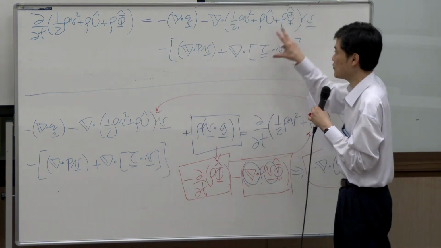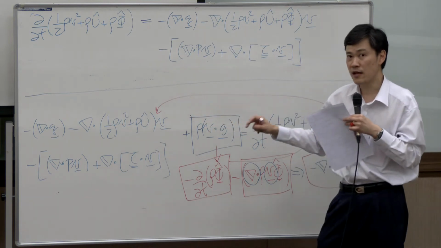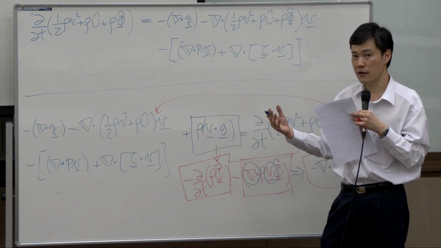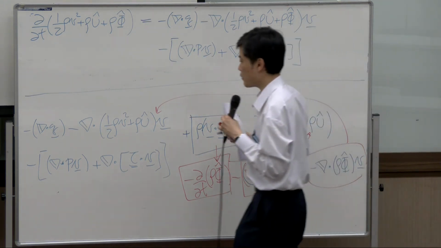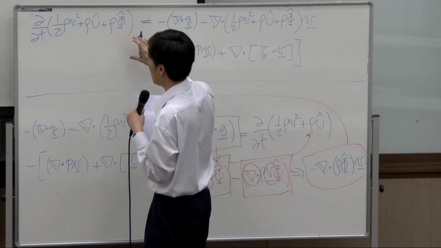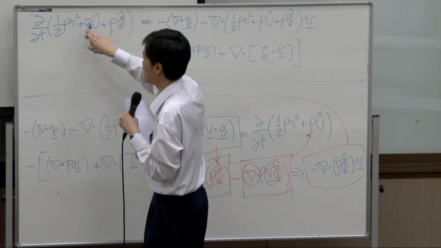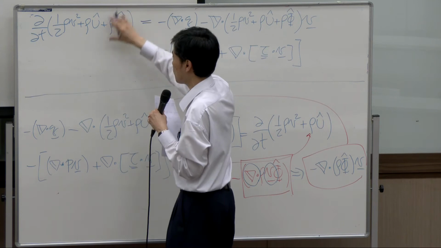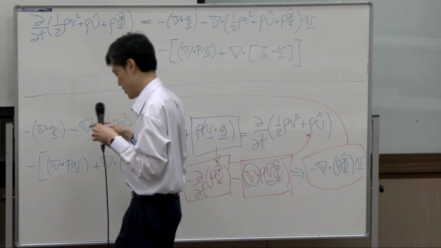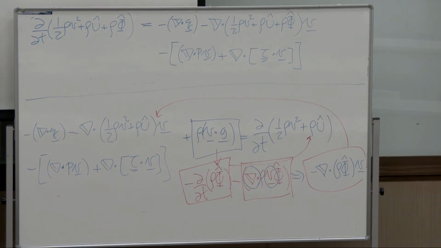So by doing this, I just want to prove that you can derive the equation into the form that you are familiar with in thermodynamics. But the form of equation that we are using mostly, we would prefer in terms of internal energy and kinetic energy. We do not prefer the potential energy.